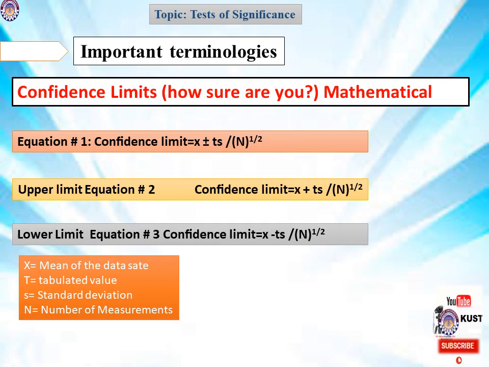Confidence limit can be calculated by using the following three equations.